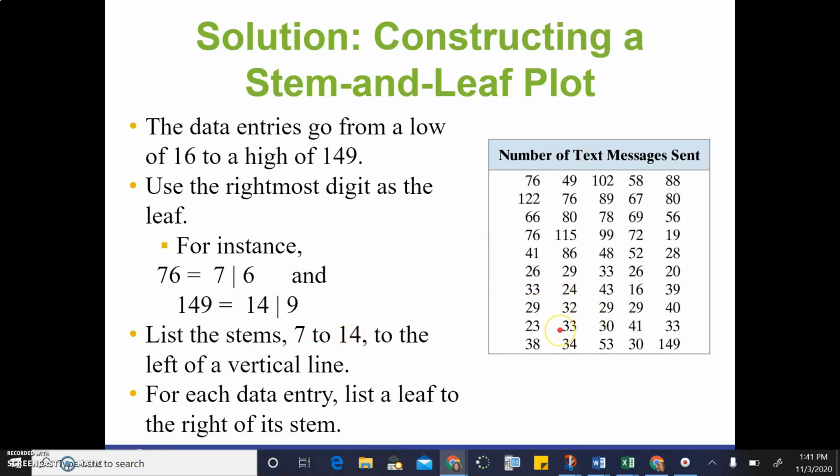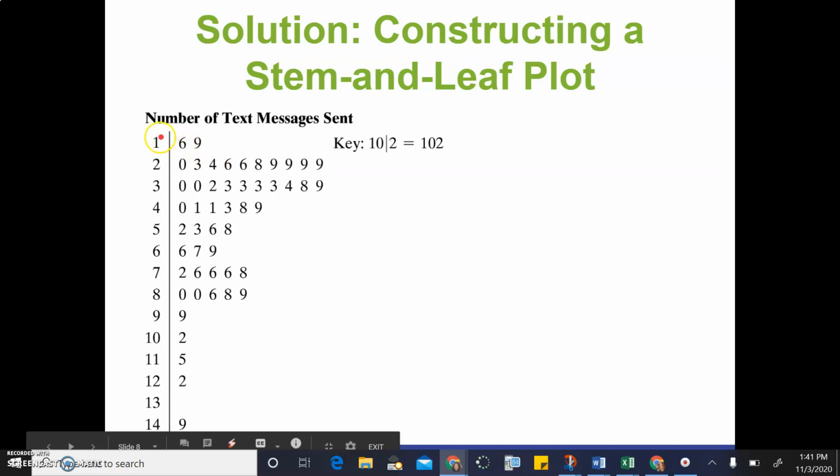So it looks like the smallest on here, we said the smallest number was 16. So my smallest stem is going to be a 1, and my biggest stem is going to be a 14. Okay? So then you just write 1 through 14.